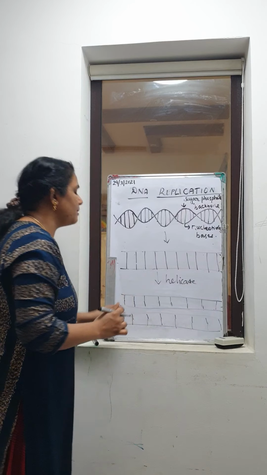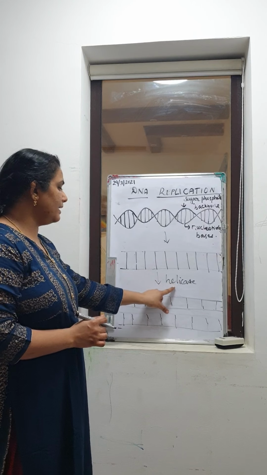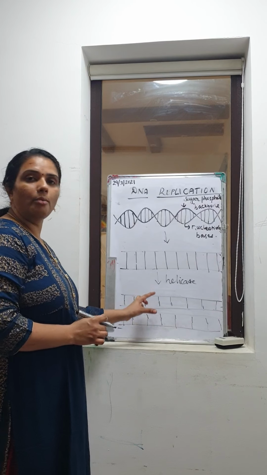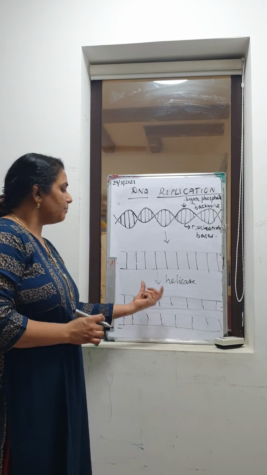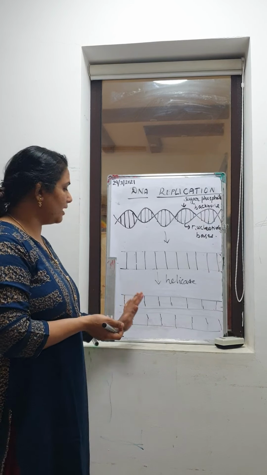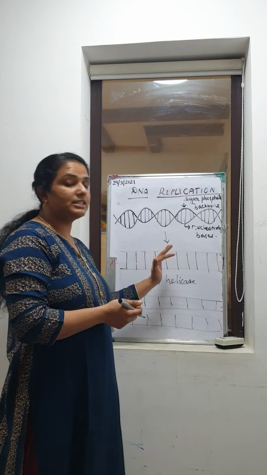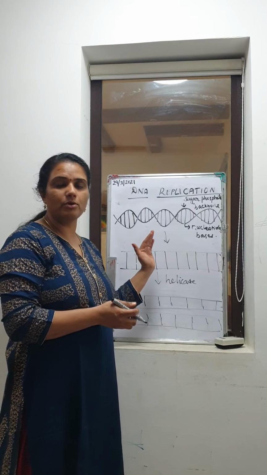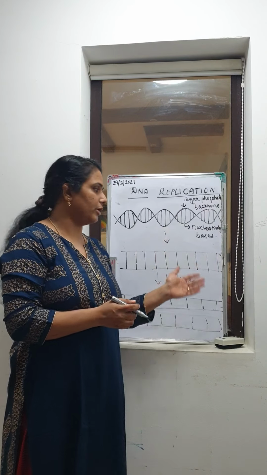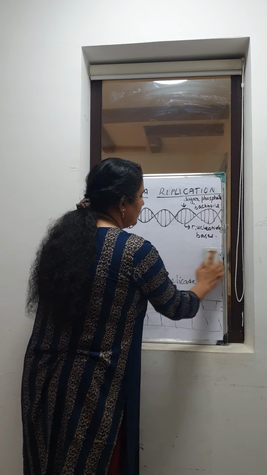First the strands are unwound by means of an enzyme, and then the complementary nucleotide bases are added, and then they are bound together to make up a DNA molecule. And it's very simple, isn't it? But it is the most significant and very important biological process which is taking place in our body. I will explain this in detail now.